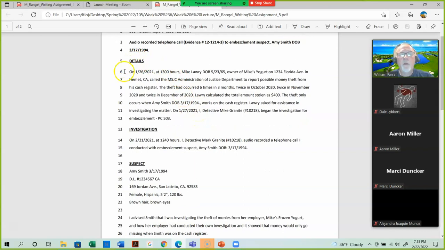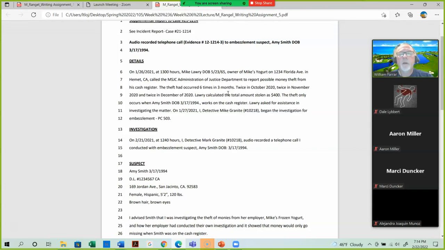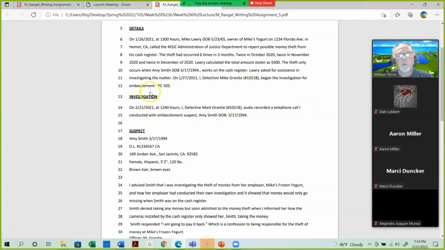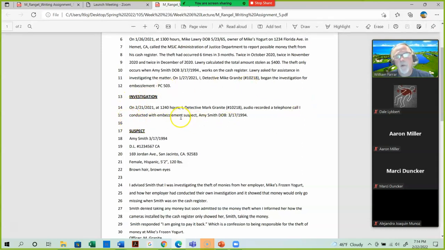Okay, so the details, it could be notification. And it talks about the owner of the yogurt store that called saying that somebody was possibly taking money, etc. And then it goes into the investigation, where, instead of maybe investigation photo lineup, it could be investigation phone contact or possible suspect contact, however you want to write that.